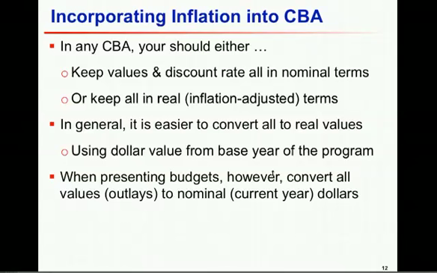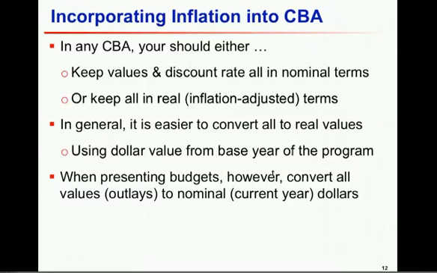Now, on the other hand, when you're presenting a budget for future years, in that case, you want to have the dollar outlays for any year to actually be in nominal terms, because budgets are done in nominal terms. What's the budget we need in FY 2018? Putting those in real terms is going to be misleading.